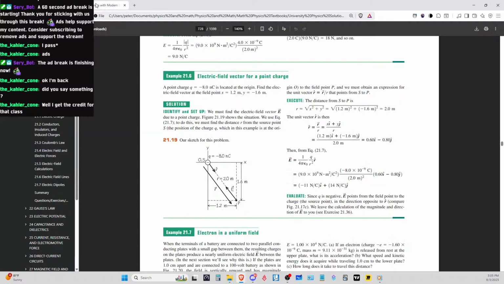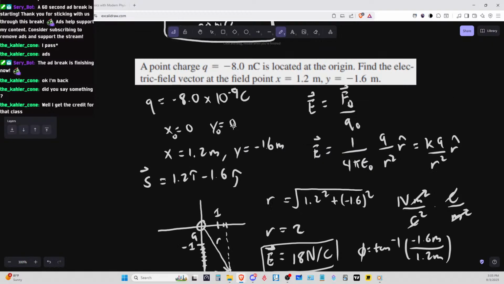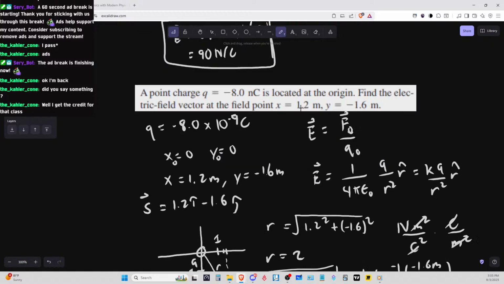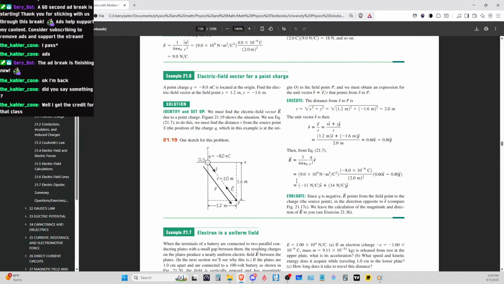Okay, is that close to negative 11 and 14? Point y is negative here. Why did they put negative 11?